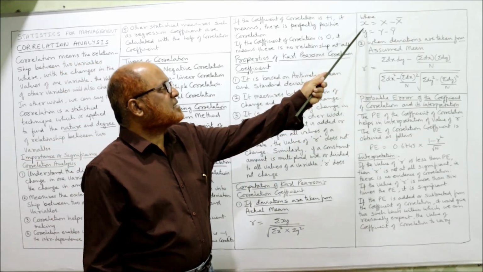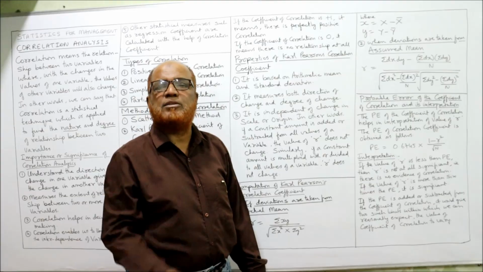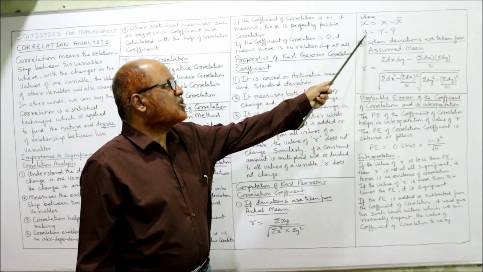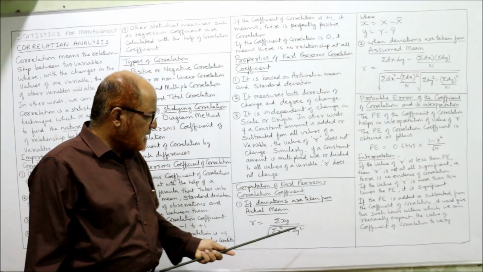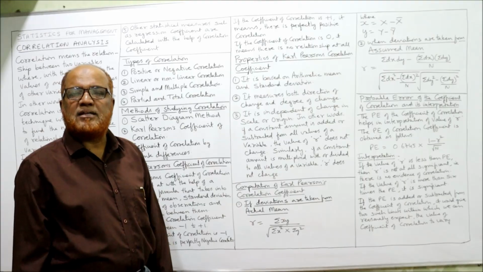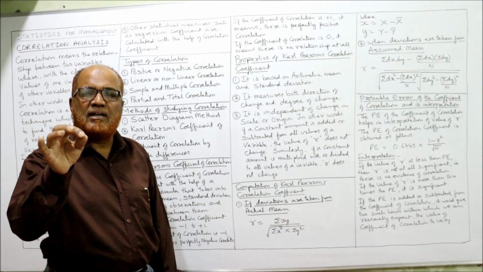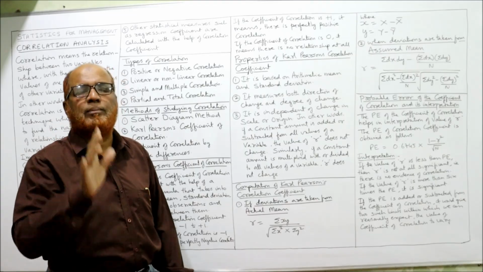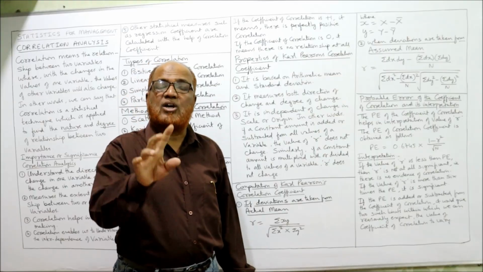Small x is equal to capital X minus x bar, where x bar means arithmetic mean. Similarly, small y is equal to capital Y minus y bar. So this first method is applied if the mean is a whole number and we take the deviations from the actual mean.